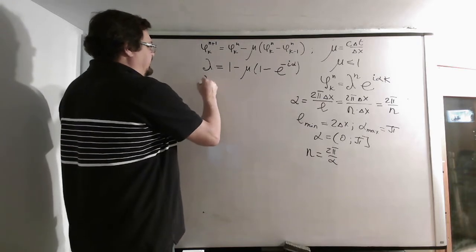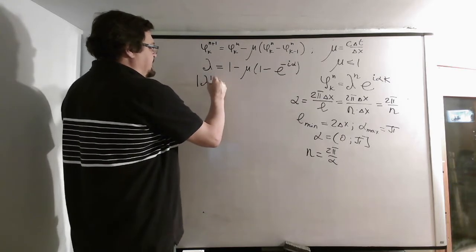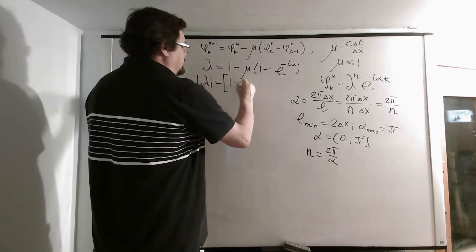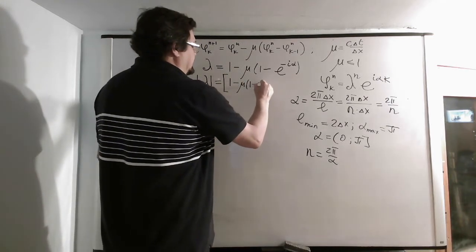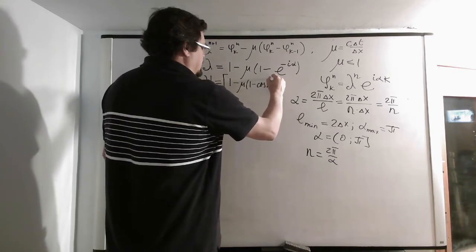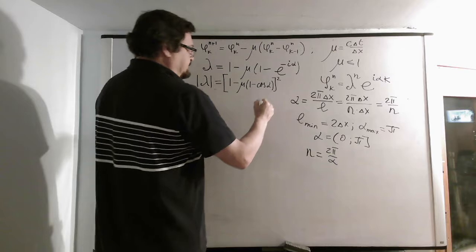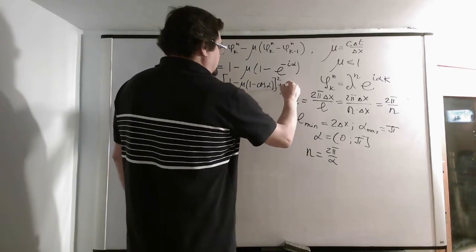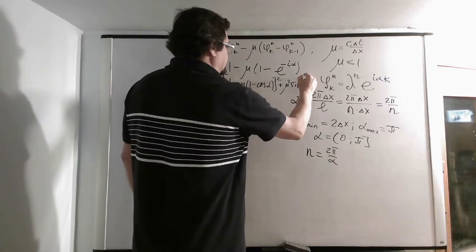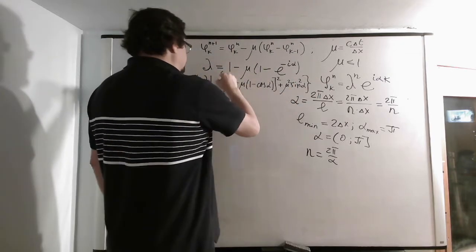The absolute value of lambda equals the square root of (1 minus mu times (1 minus cosine alpha)) squared plus mu squared sine squared alpha.